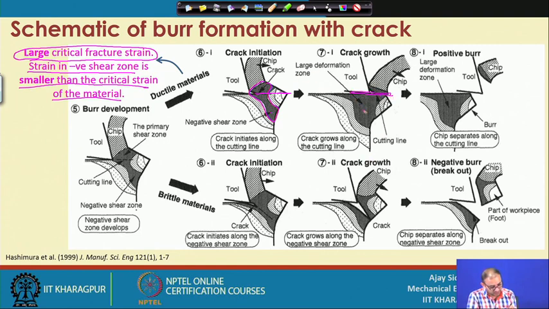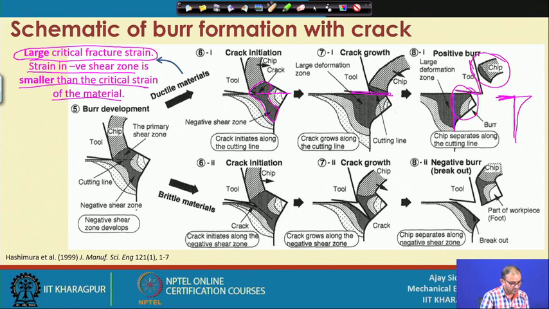The large deformation zone is what we started with at this particular location, and once your tool passes through this part, your chip comes out, and whatever this part is, this part is the burr, because this is the extra thing you did not want. Our objective is to get something like this, but we are getting something like this. So this is the burr formation in the ductile material.